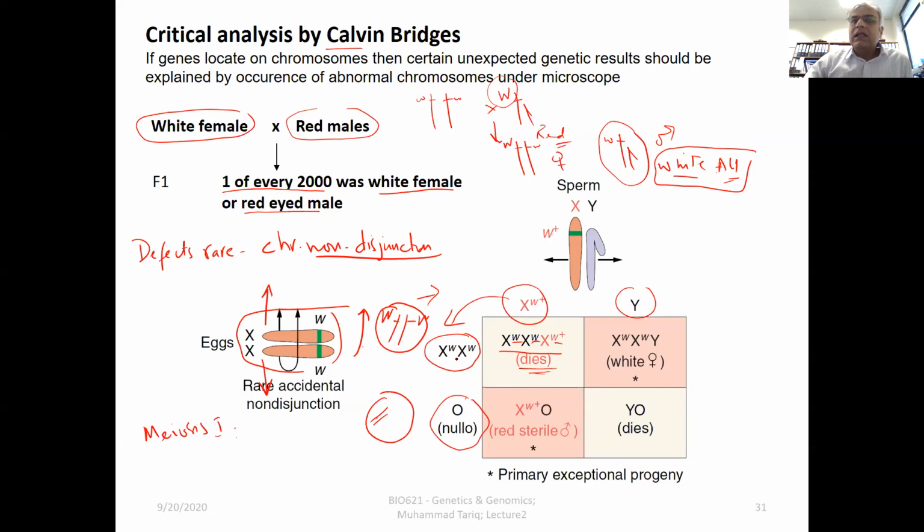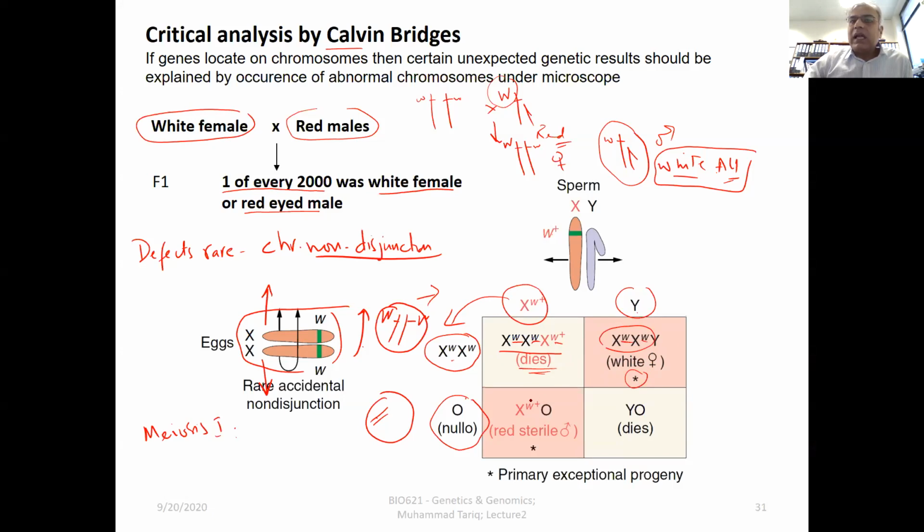This one with Y will be a white-eyed female. Why is it white-eyed? Because there are 2 X chromosomes, and they carry the white allele.